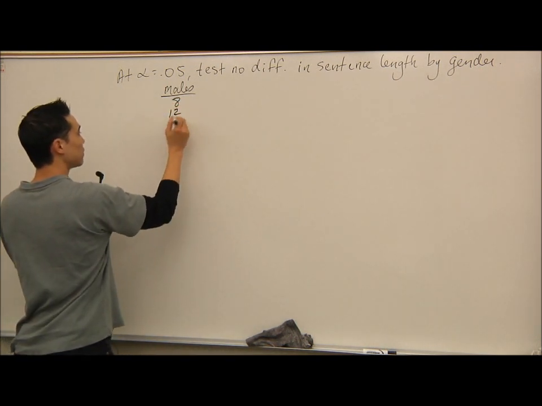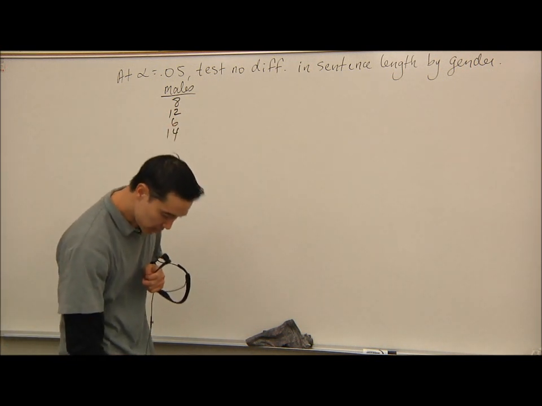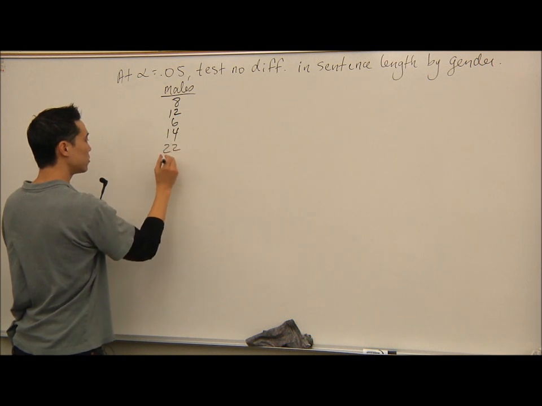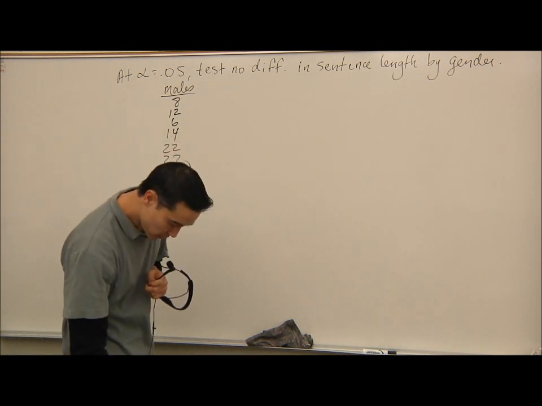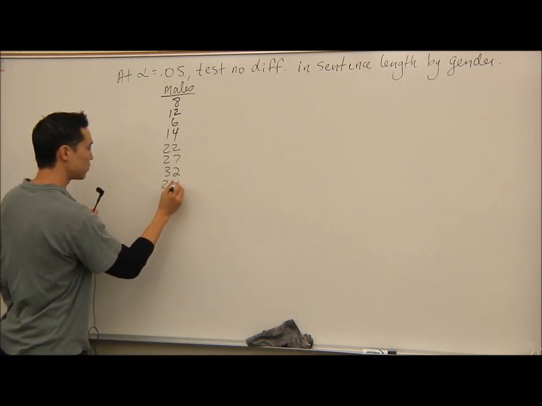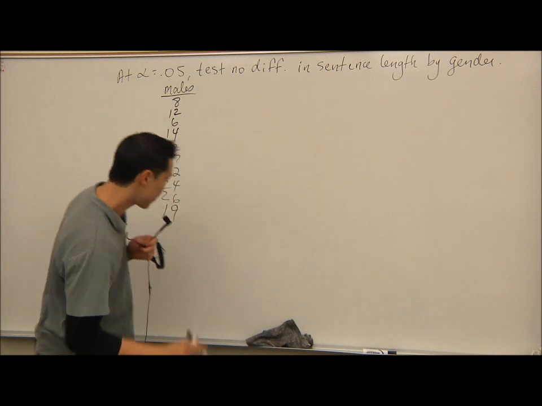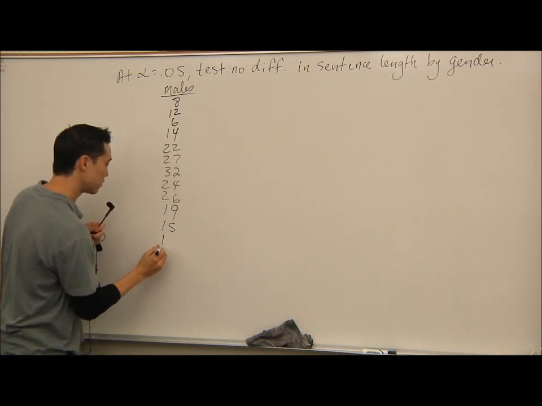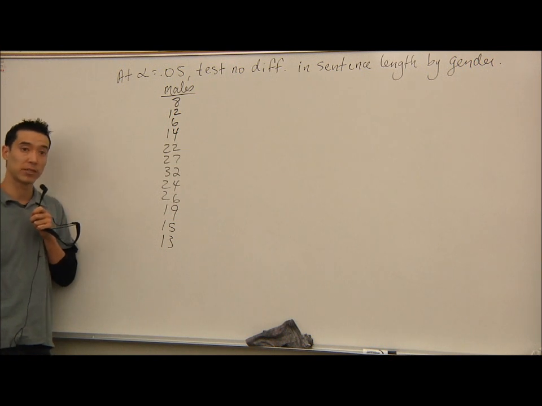That's how many months they received. 22, 27, 32. 24, 26, 19, and 15 and 13. And again, this is in months. So this is how many months the males received for that particular crime.